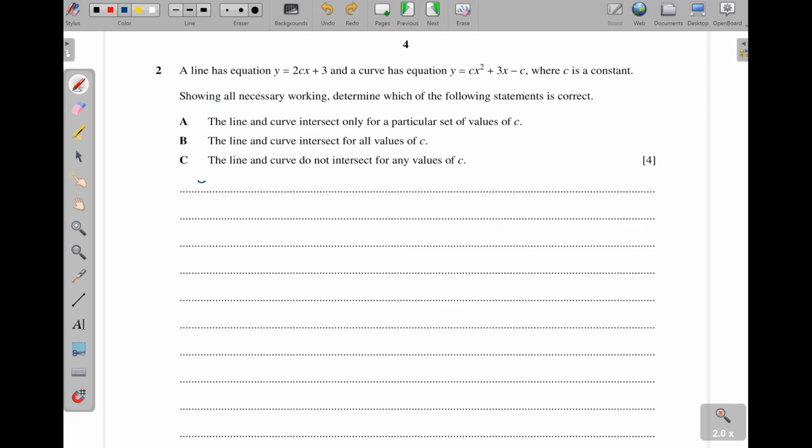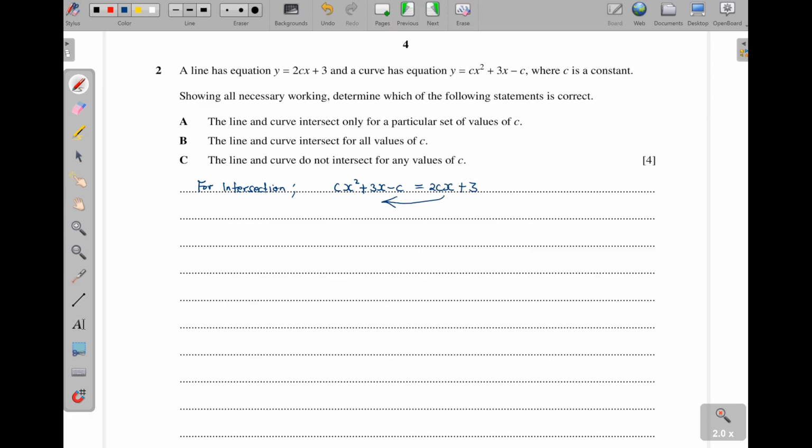Now, we need to find the intersection of these two, if it is there. For intersection, all of them are equal to y, so I'll just equate them. I'll have cx squared plus 3x minus c equal to 2cx plus 3.